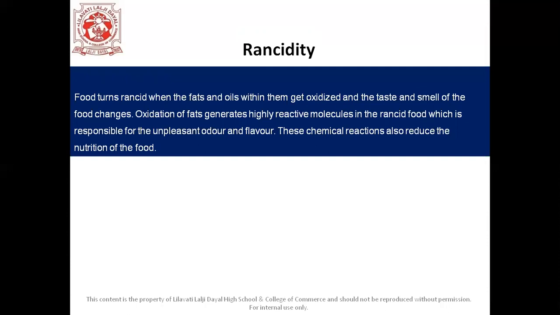Oxidation of fats generates highly reactive molecules in the rancid food, which are responsible for the unpleasant odor and flavor. These chemical reactions also reduce the nutrition of the food. So food turning rancid when fats and oils get oxidized is termed rancidity.